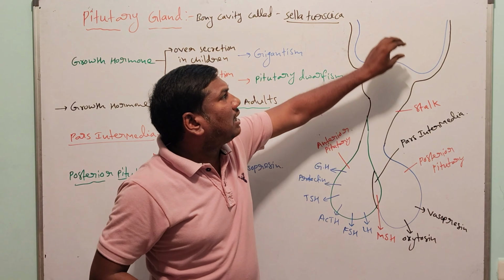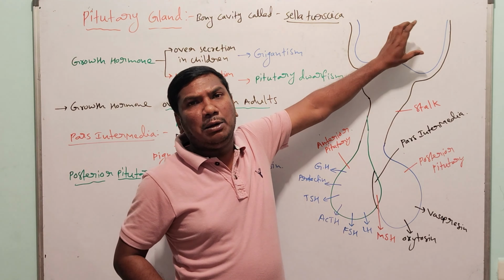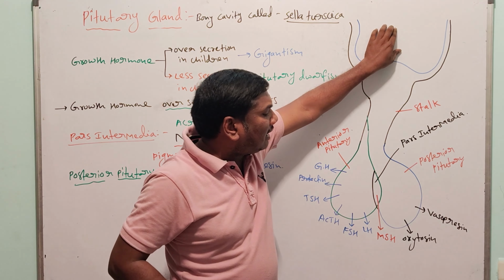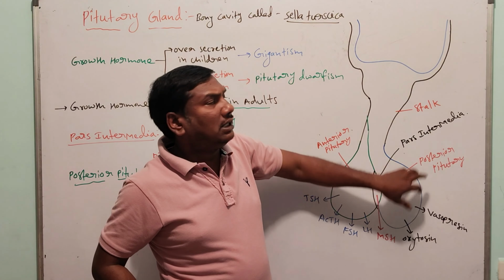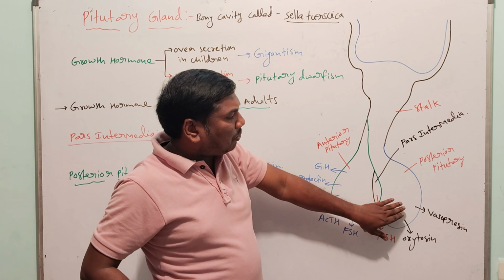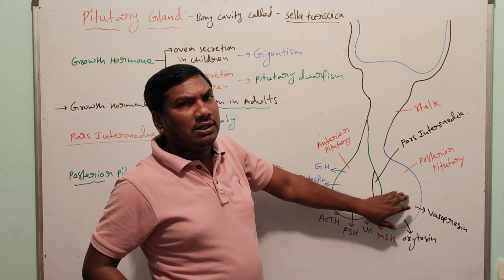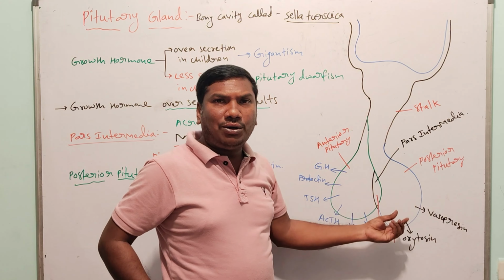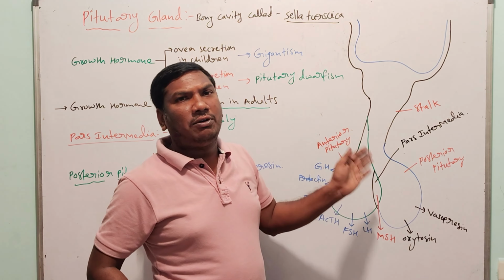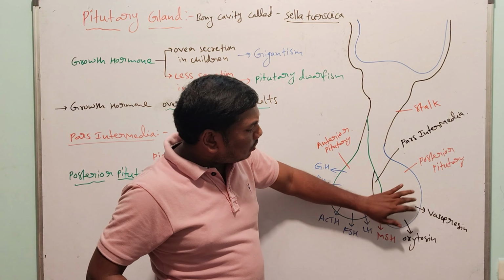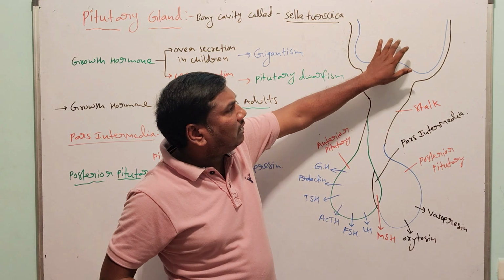These two hormones are secreted by the hypothalamus, which is very important. They enter the posterior pituitary through the neurons, where they are stored and released. There is no production in the pituitary; these two hormones are produced by the hypothalamus only.